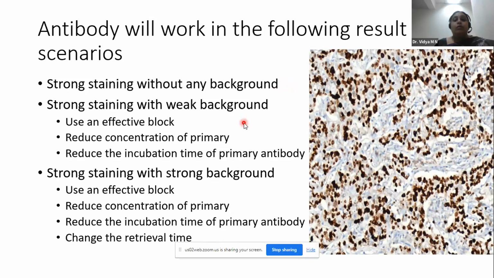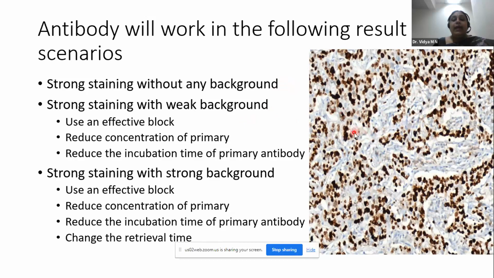But you have strong staining with weak background. So there you need to know that you need to use an effective block. The blocking agent may not be really satisfactory, or the other cause could be that you have to reduce the concentration of your primary antibody if you have used a concentrated antibody and not a ready to use.